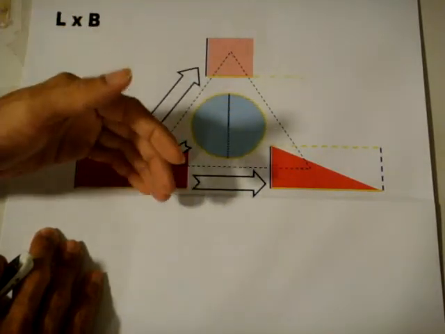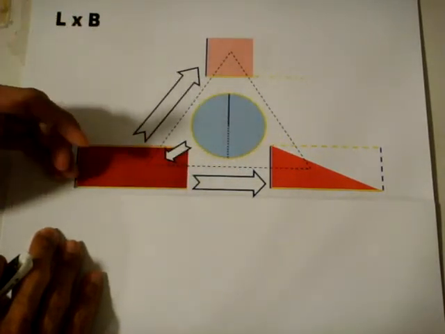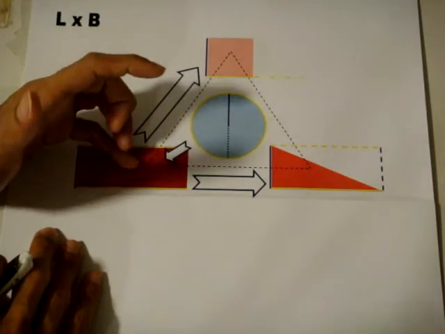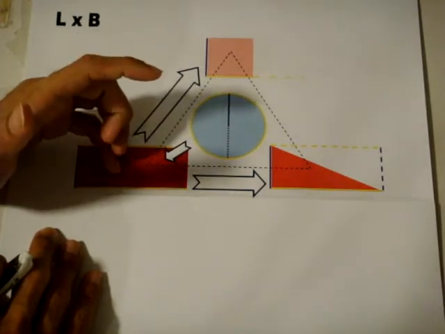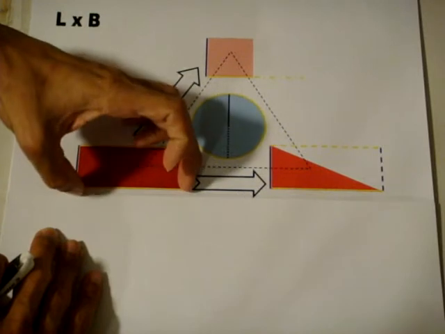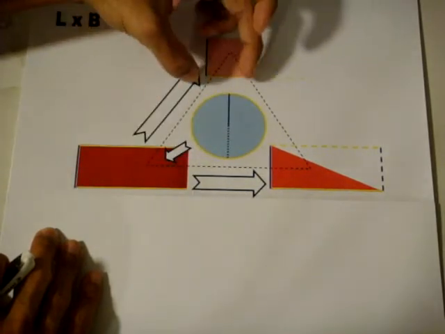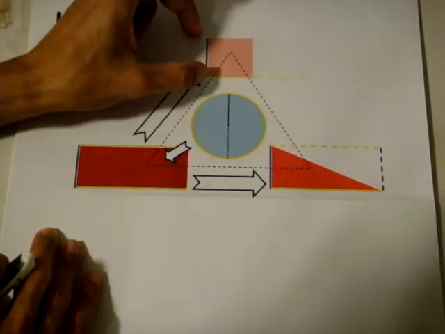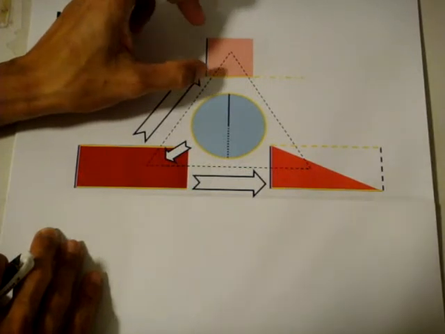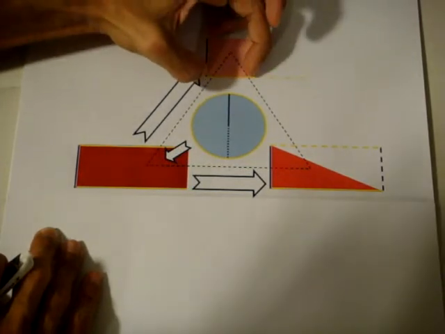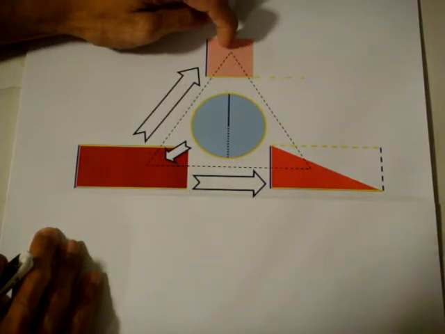So the area is length times breadth. To find the area of the shaded part, as the length is the same as the breadth, it can be breadth times breadth, or you could say length times length.